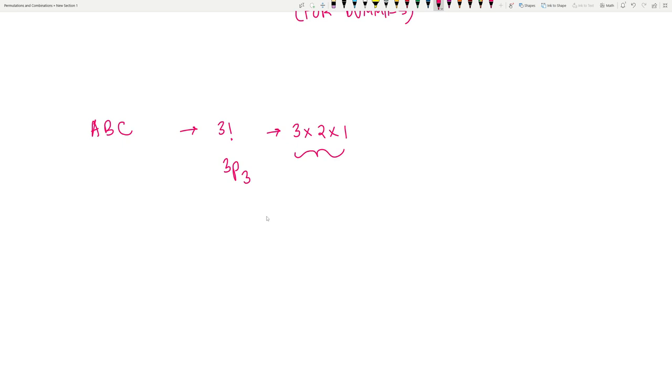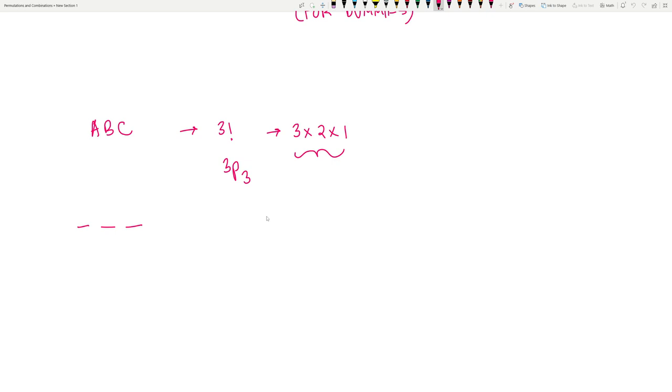So what does 3P3 mean? That means you have 3 blanks, and you are putting 3 letters or subjects into those blanks, which are all unique. So this is what 3P3 means. And what does 3P2 mean? That means you have 3 different subjects and you're putting them into 2 spots or blanks.